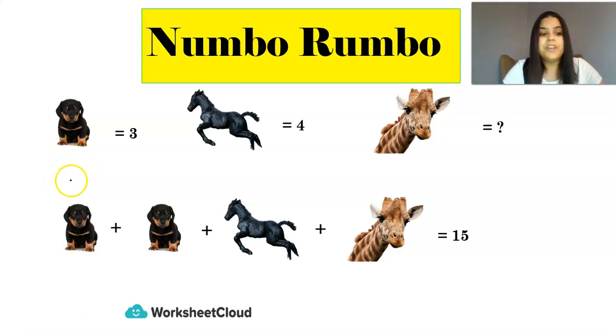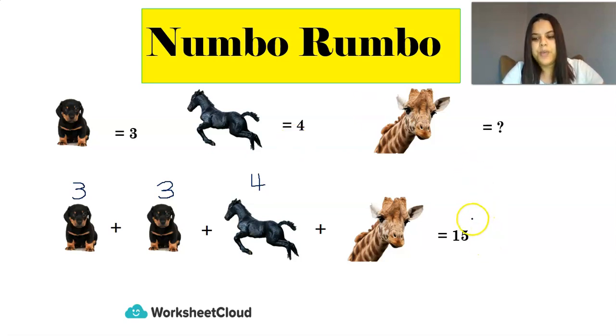So, we have worked out that a puppy is 3, right? So there already I know I must have 2 3s, okay? And we know that the horse is equal to 4. I hope you're all with me so far. Okay, and then we have this number over here, which is the total amount of the 4 animals.